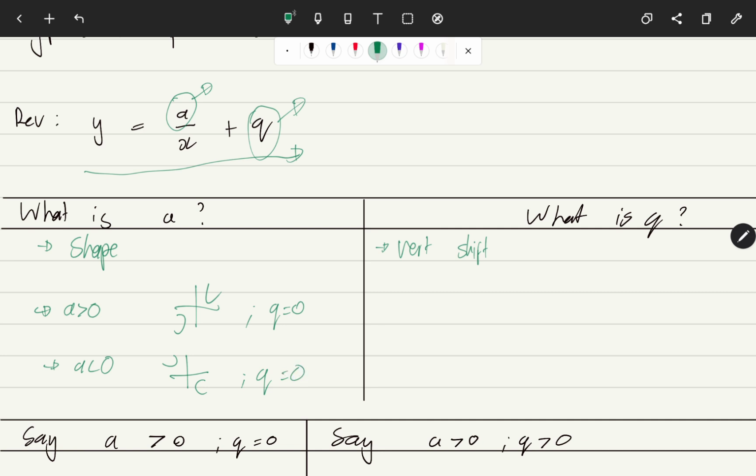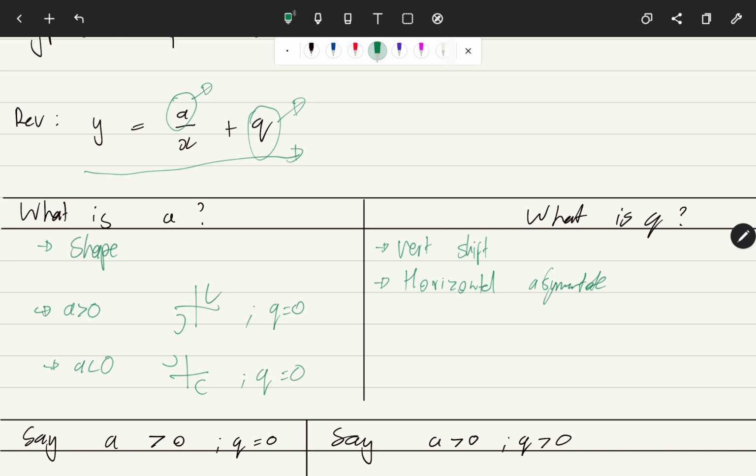So now this q, what is it? Yes, we know it's the vertical shift, but what is q specifically for a hyperbola? Then you realize that q is the horizontal asymptote.